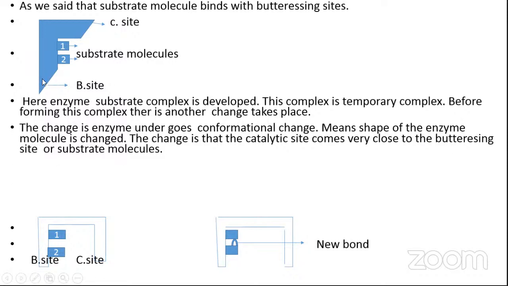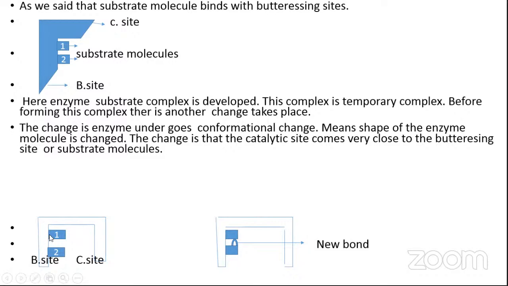See here, it is in the shape of L. And after the attachment of substrate molecules to the buttressing site, this catalytic site shows a change in its position. That means conformational change, change in position. So this catalytic site bends towards the substrate molecule, as shown in this diagram.